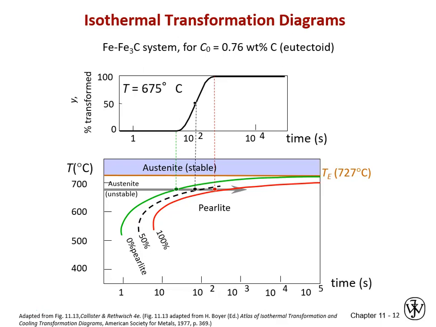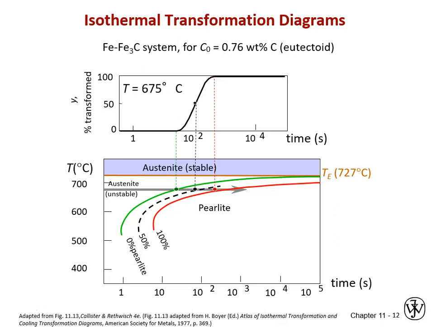So we take it to 675 degrees C, and at 1 second you can look up to our gray line that we're going to follow from the left-hand side of the diagram to the right, there on the lower diagram. And at 1 second, nothing has happened. And at 5 seconds, nothing has happened.